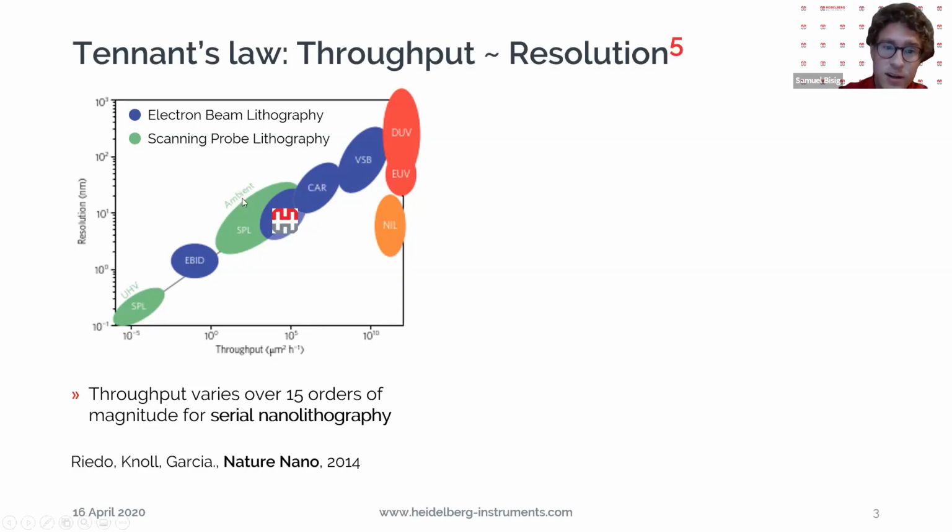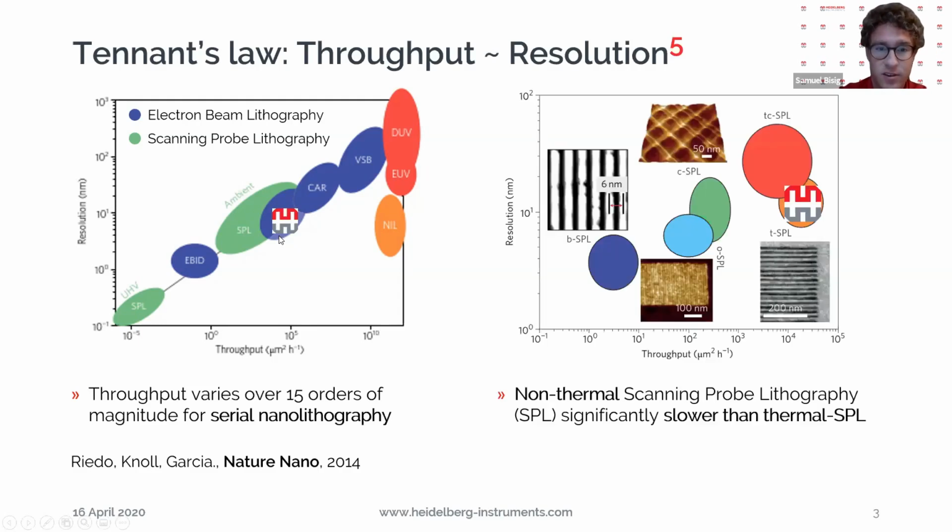So if we zoom in here on resolution versus throughput, we have different technologies for scanning probe lithography. But the cool thing about our thermal scanning probe lithography is that we are a lot faster, and this is due to how we do the decomposition.